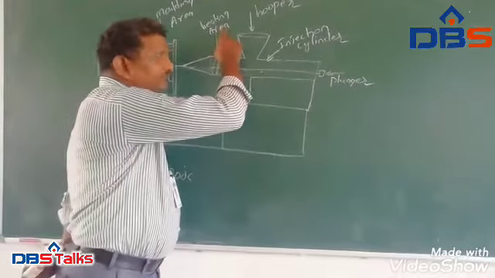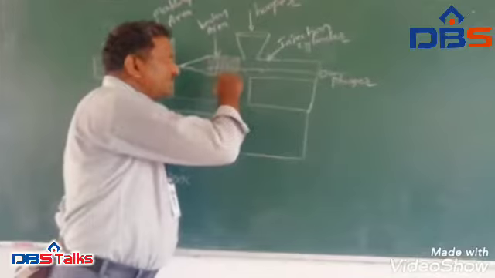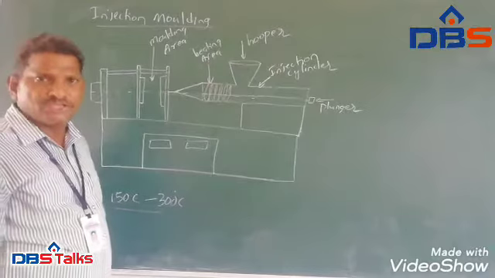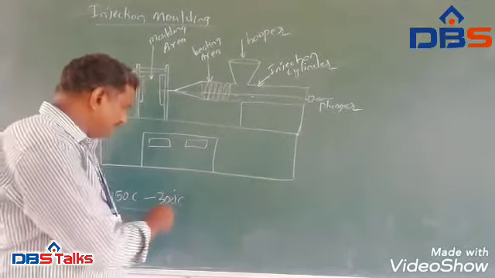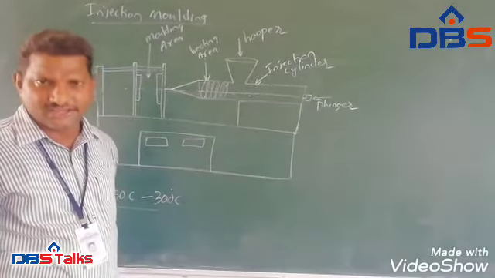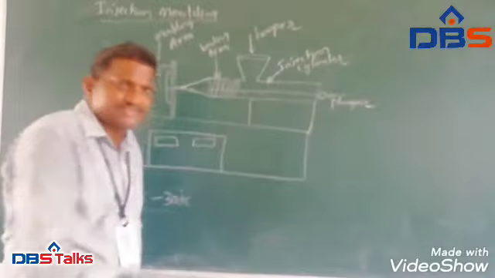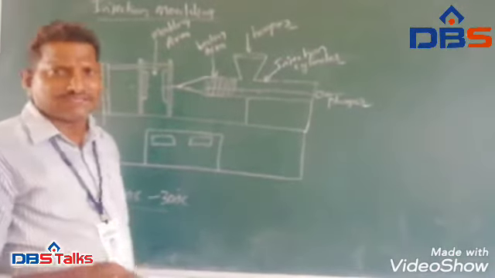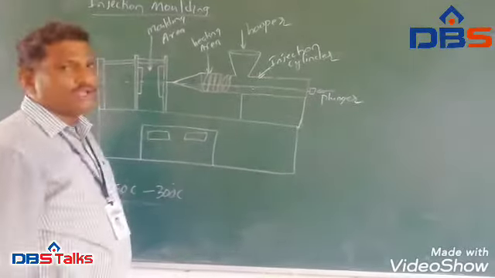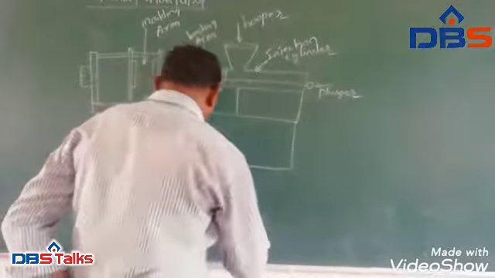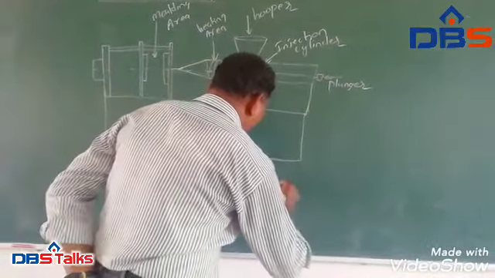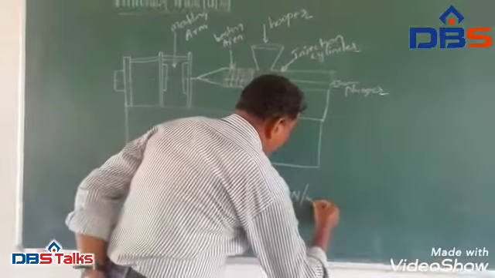As we are supplying heat to this heating area, the granulated plastics will melt at a temperature of 150 degrees centigrade to 300 degrees centigrade. So melted plastic, or liquid plastic, will be injected into this molding area at a pressure of 100 to 150 Newton per mm square.